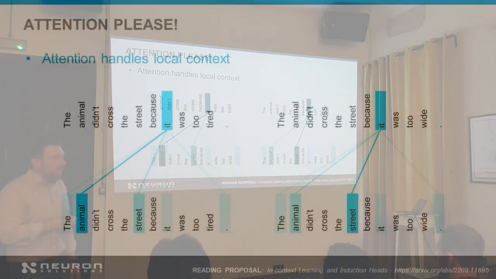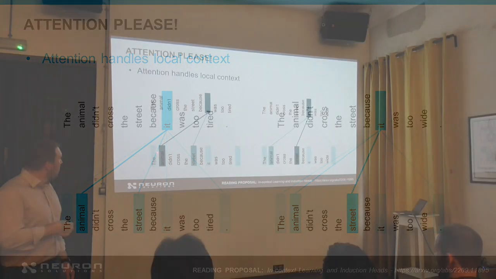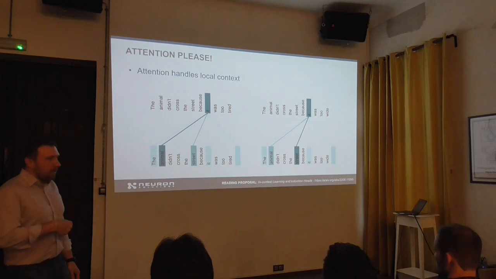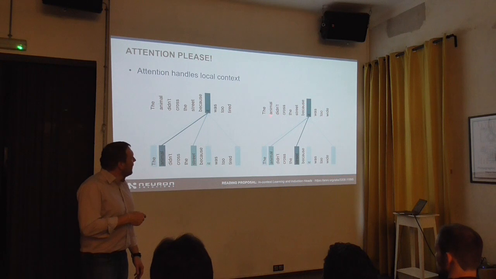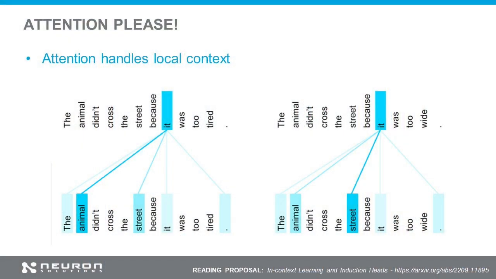So the model can have the attention that the "it" now refers to the animal. You can see there that the dark green shows that the attention is on the animal. In the other example, the animal didn't cross the street because it was too wide. Here we also have an attention, but not on the animal, more on the street.